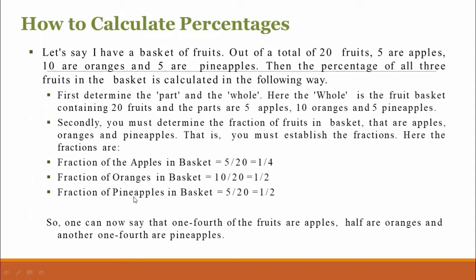The fraction for pineapples is 5 by 20, which simplifies to 1 over 4. So one can now say that 1/4 of the fruit is apple, a half are orange, and another 1/4 are pineapples.